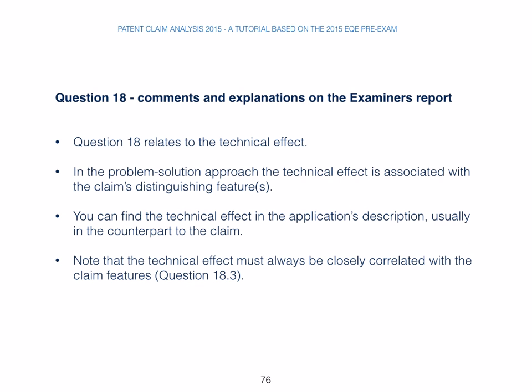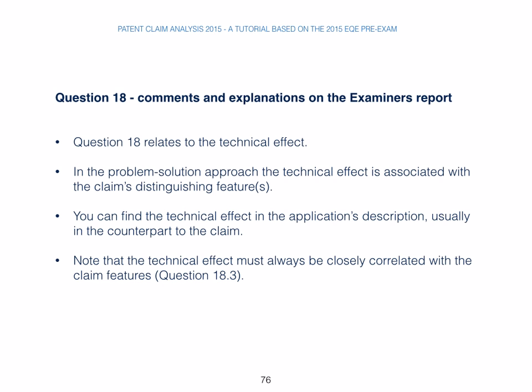Question 18 relates to technical effects. In the problem solution approach, the technical effect is associated with the claim's distinguishing features. You can find the technical effect in the application's description, usually in the counterpart to the claim.